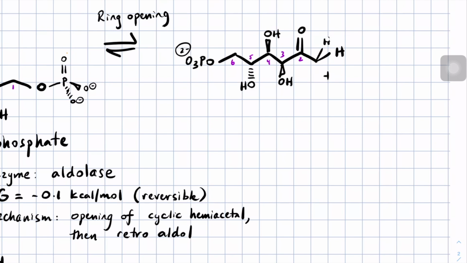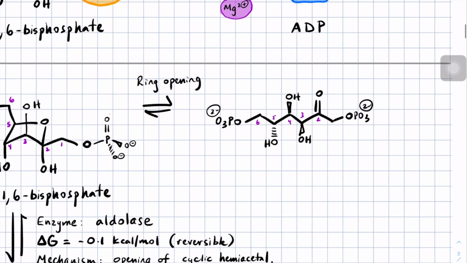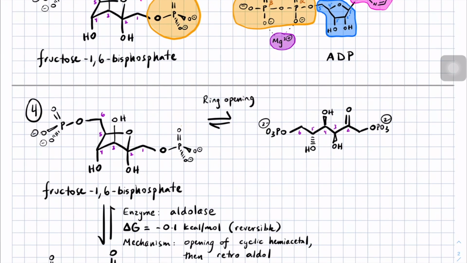I'm going to just put the oxygen here and abbreviate the phosphoester portion of our molecule. All right, so we went from the cyclic hemiacetal form to the open chain ketone form.